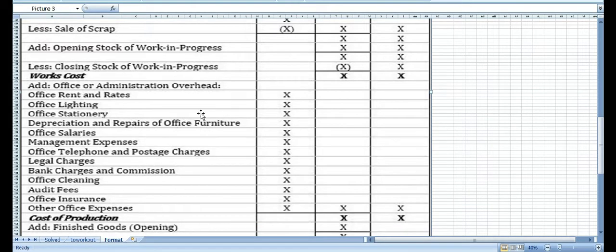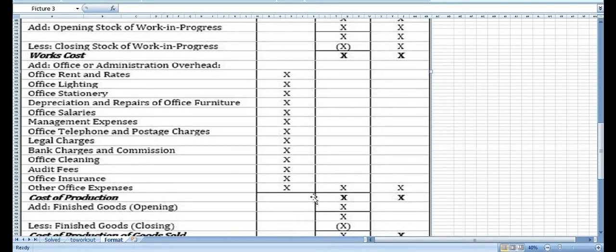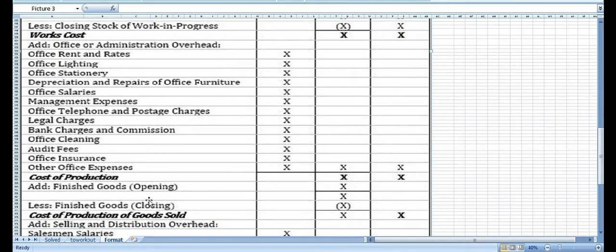Once we add the work cost along with office and administration overheads, we get the cost of production. So cost of production is the final stage of production.